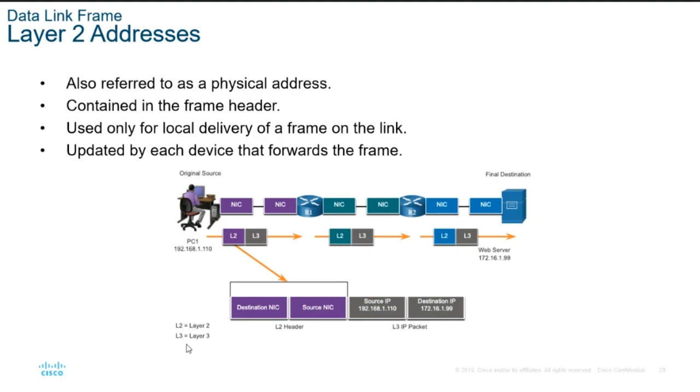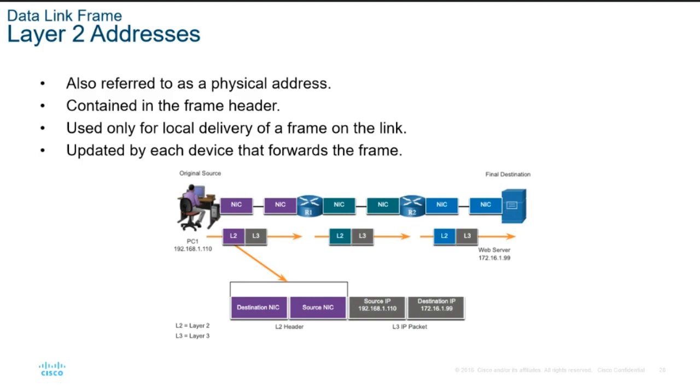So, meron tayong function ng layer 2 and layer 3 addresses. At itong ating original source na PC1, kapag yung ating IP packet travels from host to router, yan, una muna yung host, yung PC to router, then router to router, and then finally yung router sa ating final destination host.